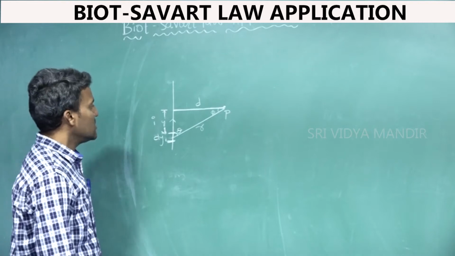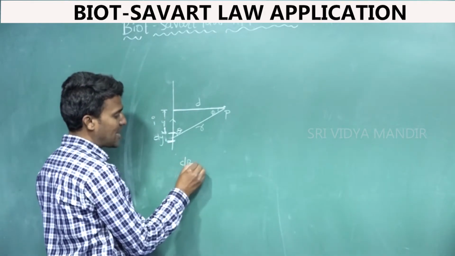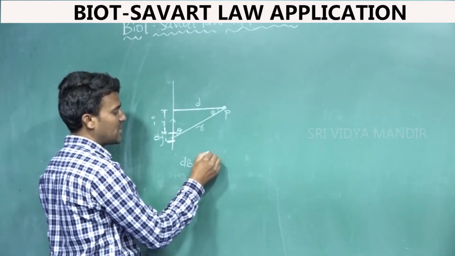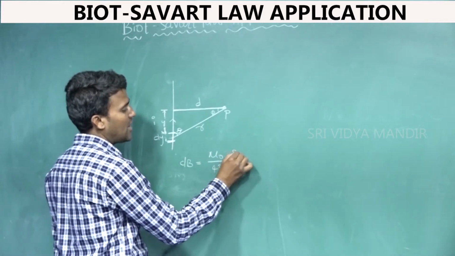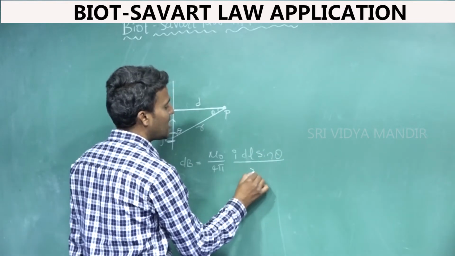Now we know the Biot-Savart law equation. dB, the magnetic field at a point P due to the small element, is mu naught by 4 pi, I dl sin theta divided by r square.